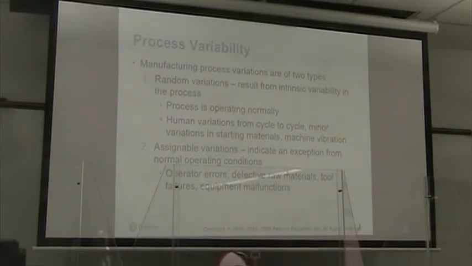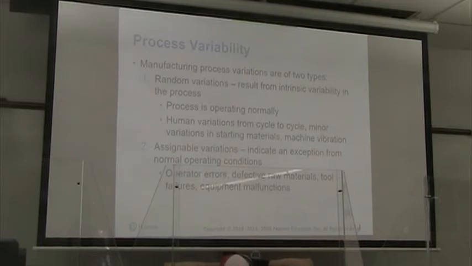Okay, of course the enemy of the industrial engineer is always variation or variability. In this case, we're talking about process variability. Our manufacturing process variations come in two types. First, random variations that result from the variability built into the process.